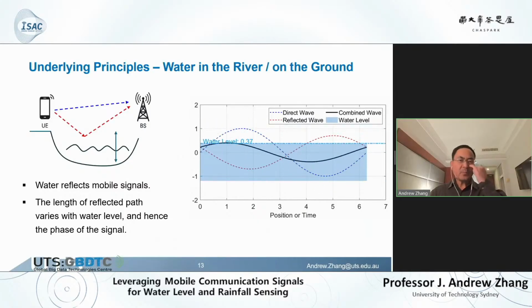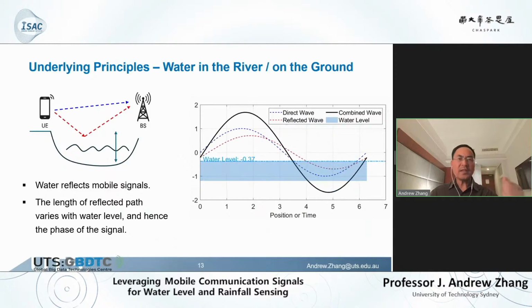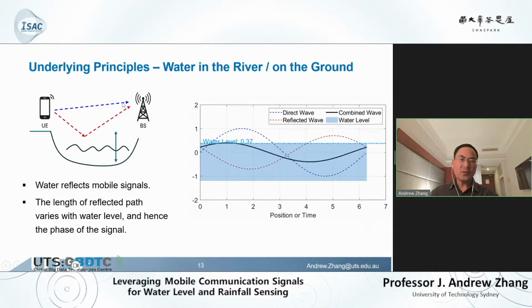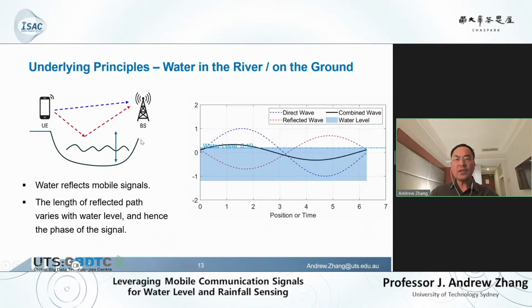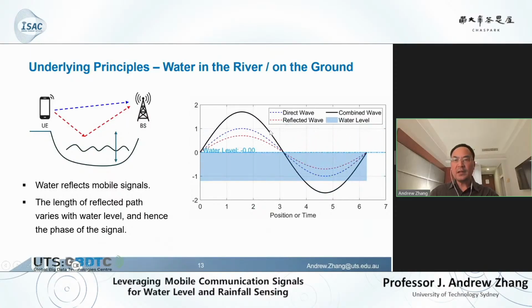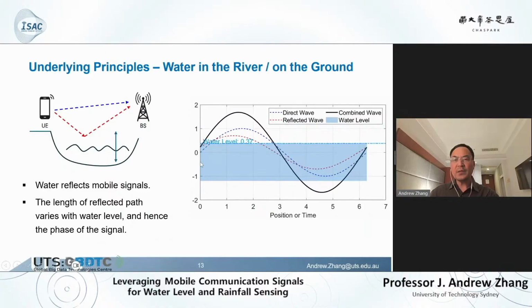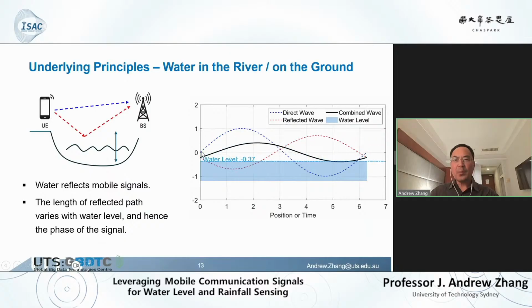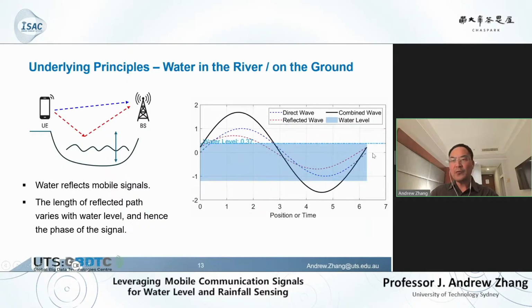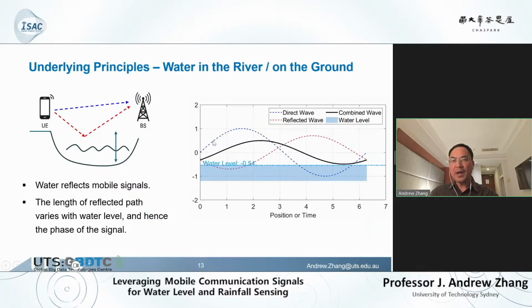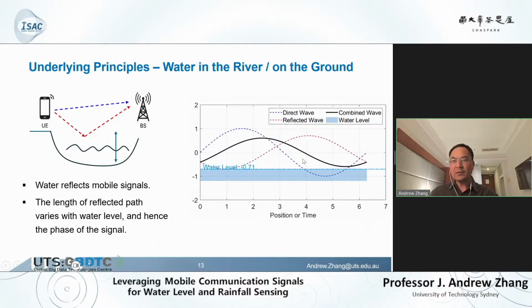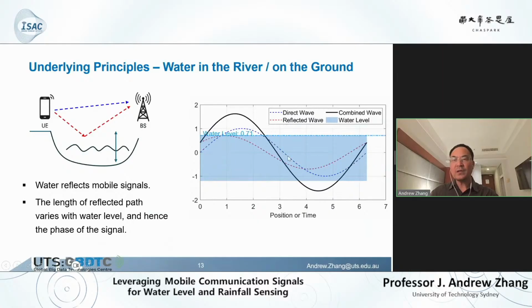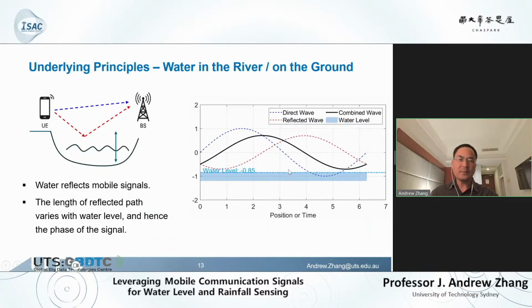Particularly, if we do not separate the two types of paths, the combined signal will show some periodic changes, right? For example, if the propagation path changes over one period, then the combined signal's power will show the variation as shown in the black curve here, right?